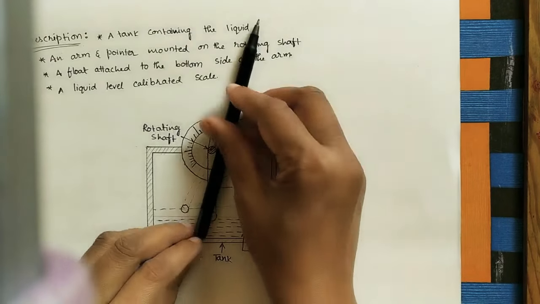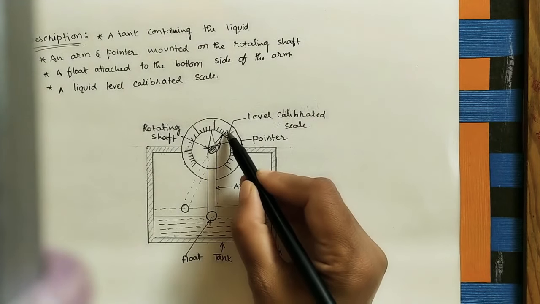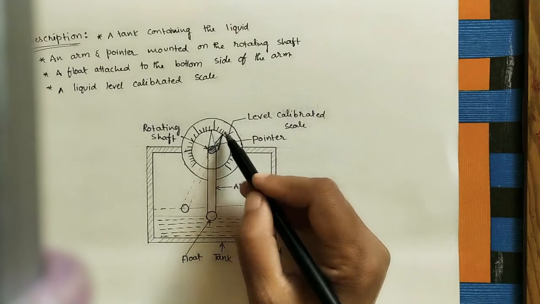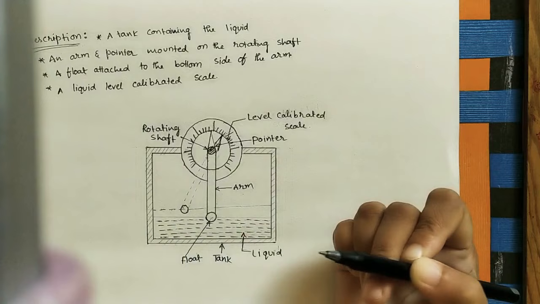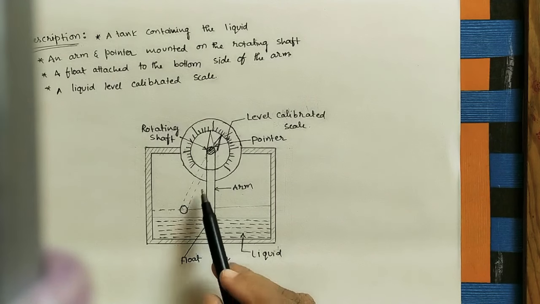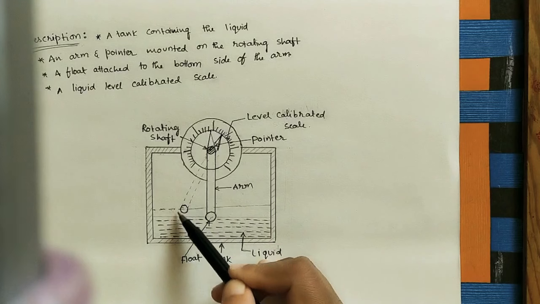The entire arm will move with the float, and the pointer will show the reading here. This pointer position will show some reading on the circular scale. This reading will give the height of the liquid. So if water level is increasing, this float will move up, and because of it, this pointer will show the new reading. It will give the height of the liquid.